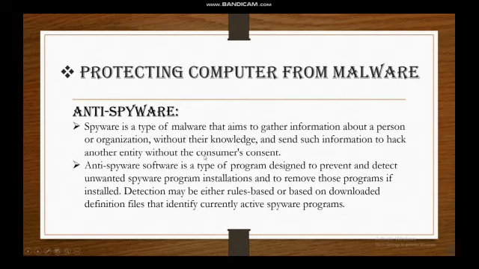Computer users should install it on their computer, and it has to be updated regularly to make sure that your computer is protected. A user can also start an anti-spyware program to scan the computer.